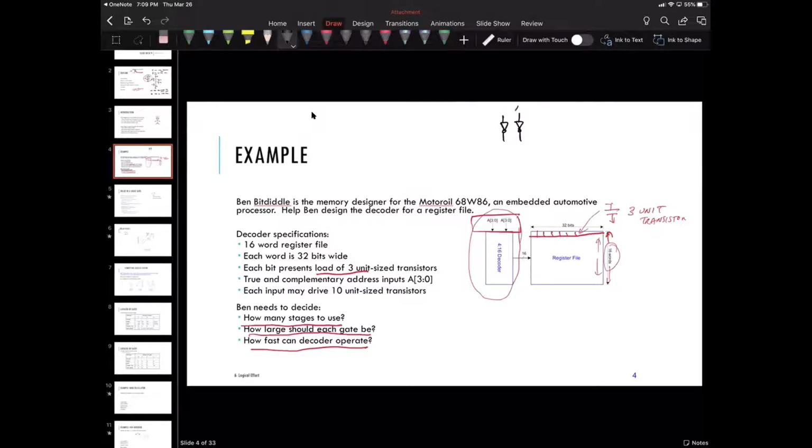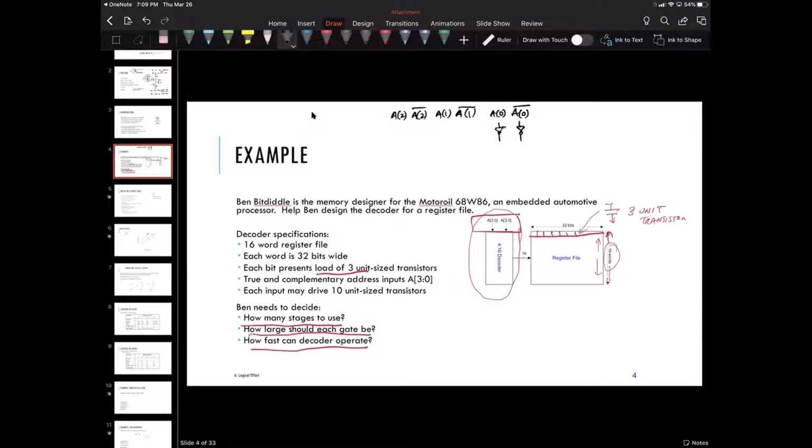So we have these bits, A0 bar, A0. Usually you buffer it. It's okay to do an inverting buffer. A1 bar, A1. A2 bar, A2.